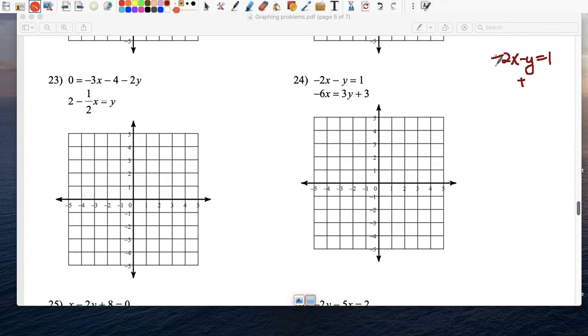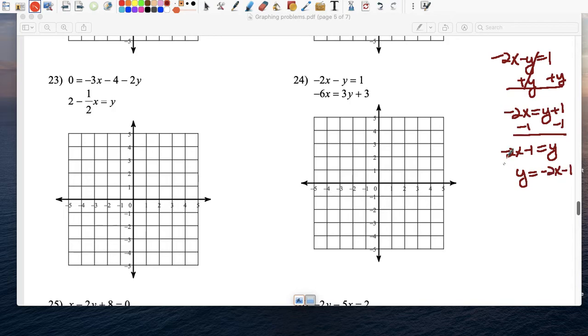Again, you can add 2x, or I'm just going to do it this way. Plus y on both sides. That goes away. Negative 2x equals y plus 1. Subtract 1 from each side. We get y equals negative 2x minus 1, which I'm going to rewrite as y equals negative 2x minus 1. That's our first equation.